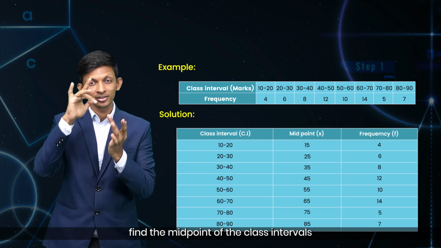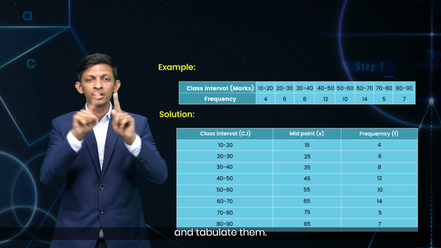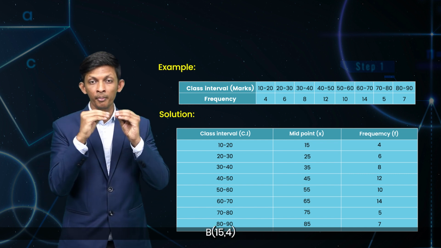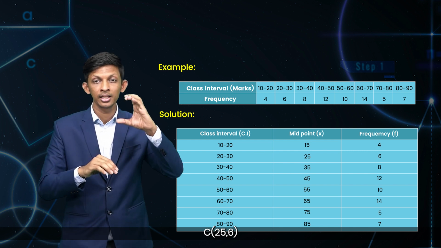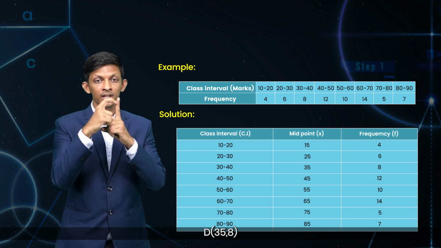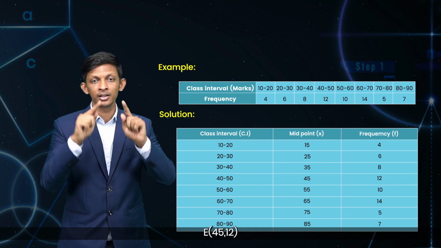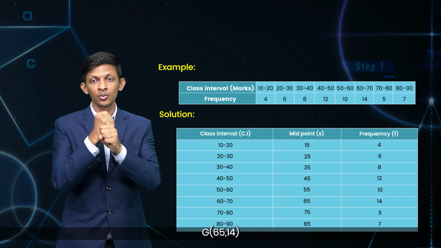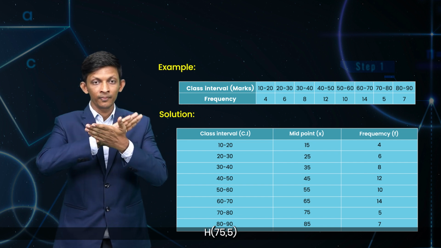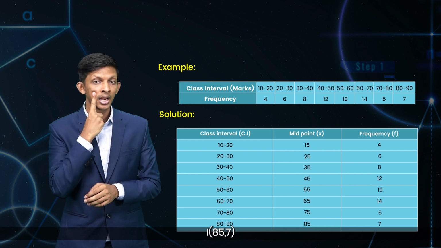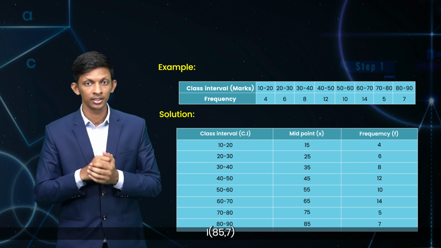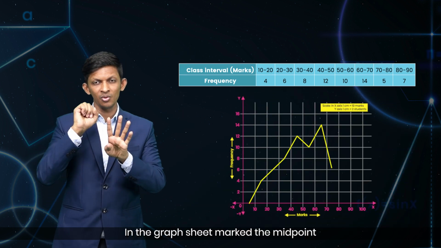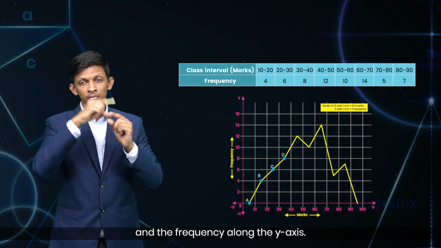Solution: find the midpoints of the class intervals and tabulate them. The points are A (5, 0), B (15, 4), C (25, 6), D (35, 8), E (45, 12), F (55, 10), G (65, 14), H (75, 5), I (85, 7), J (95, 0). In the graph sheet, mark the midpoints along the x-axis and the frequency along the y-axis.